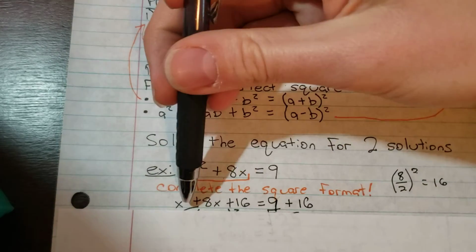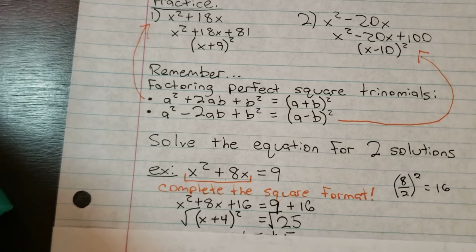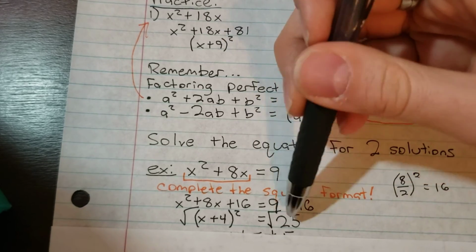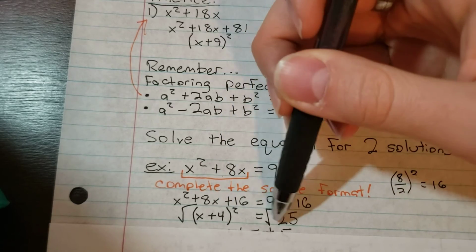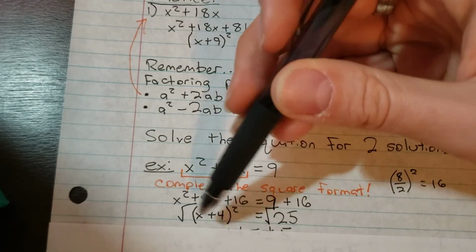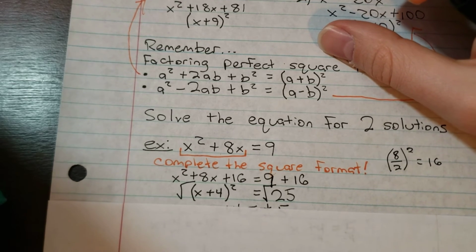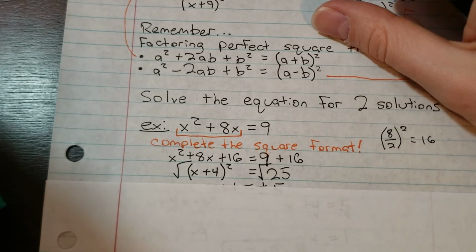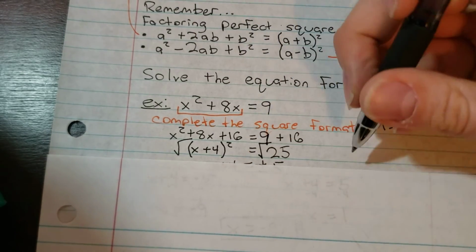When I do that over here, I could take my factor, and then I could add this here. That's 25. X plus 4 squared, 25. Now I'm going to take the square root of both sides. Moving along real fast. Hope you guys have questions. Please ask. But again, all I did was I added these together.